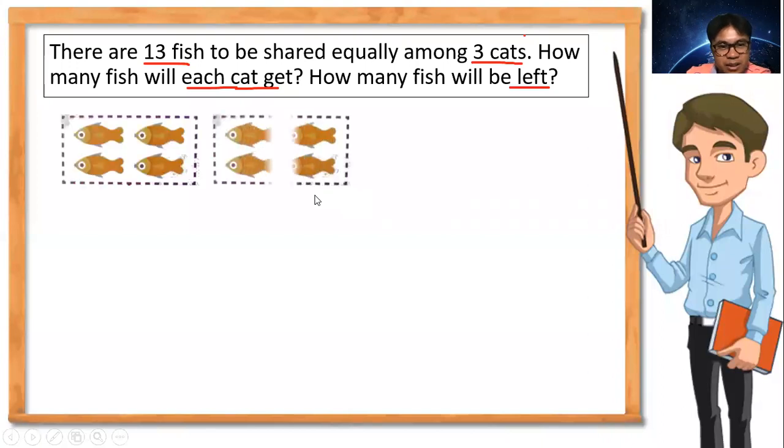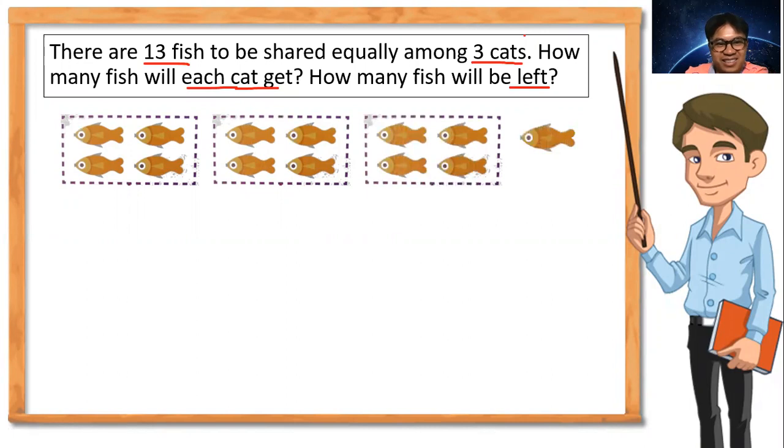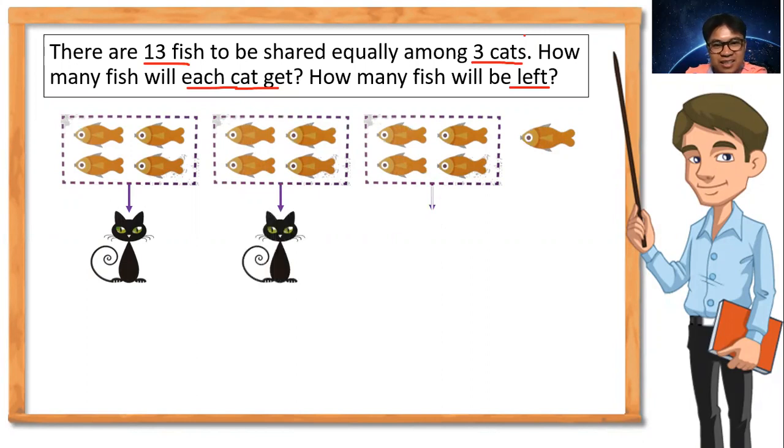So look at the picture here. These are the 13 fish. Then 1 cat here. How many cats? 3 cats. So it's another group of fish to the next cat, the second cat, and the third cat.